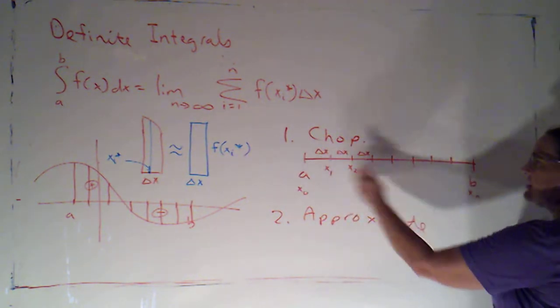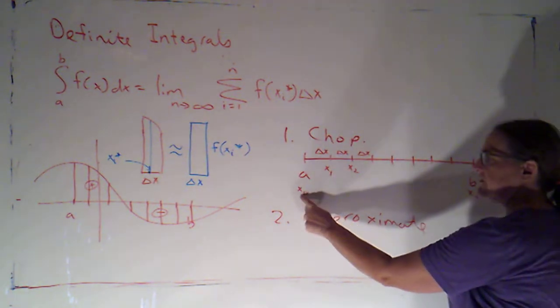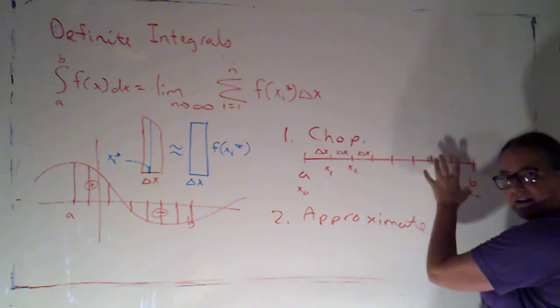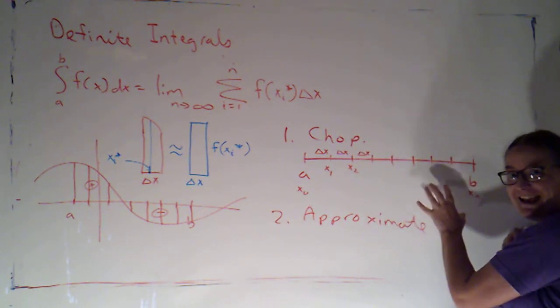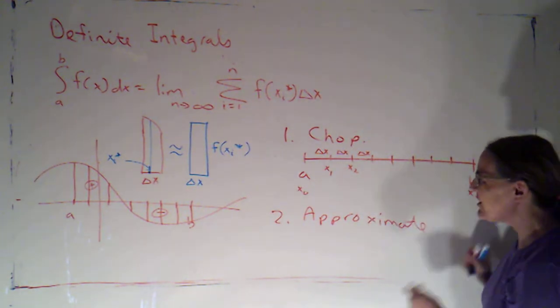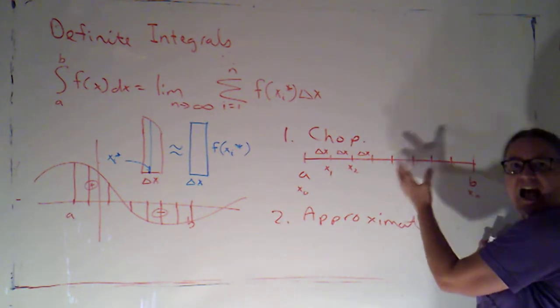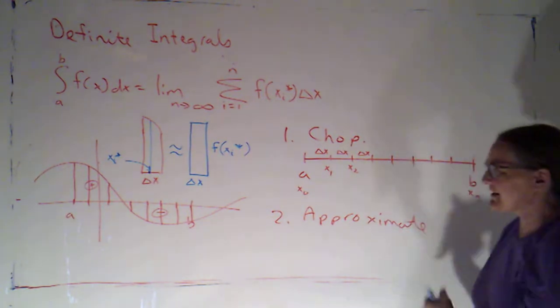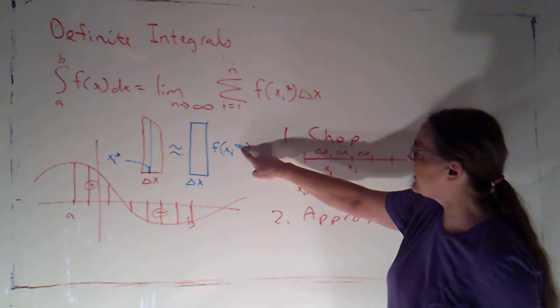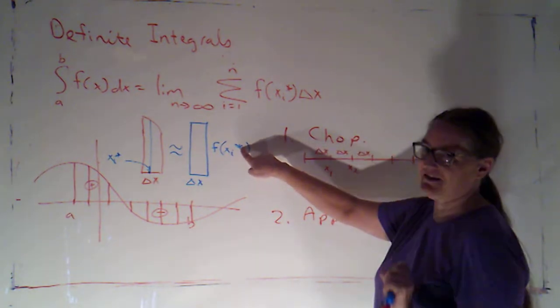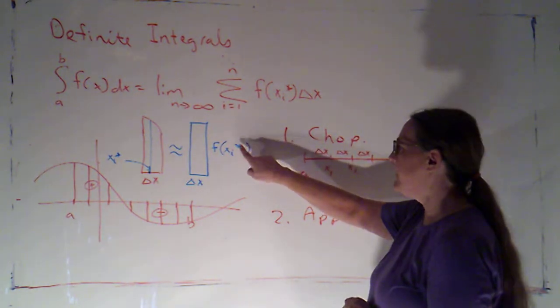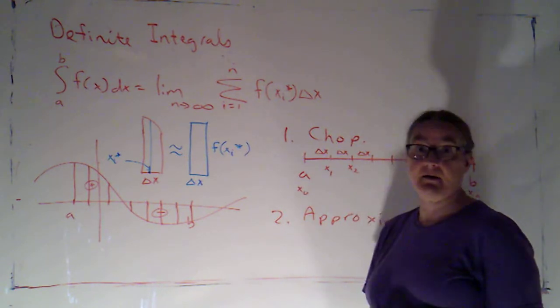When we partitioned the interval, we generally used x0, x1, x2, etc., for the endpoints. And so xi would be the right endpoint of the ith interval. I don't necessarily want to have to use that, so that star here just says any point in the ith subinterval is good enough, doesn't necessarily have to be the right endpoint.